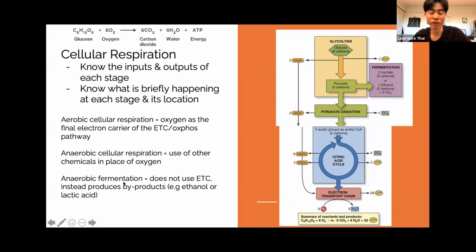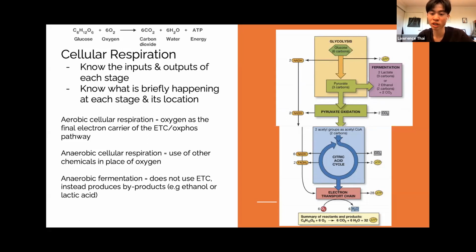And we've got anaerobic fermentation, and that's when organisms do not have the ability to undergo the electron transport chain, and so they have to go through fermentation, and there is a reason for that. Principally, what all of these stages are trying to do is start off with glucose and break down the energy stored within this glucose molecule and extract it for the cells to use.